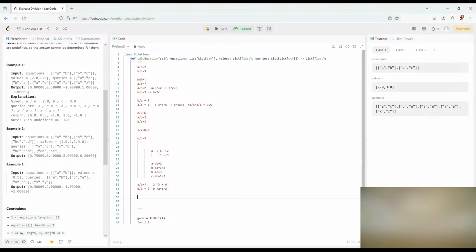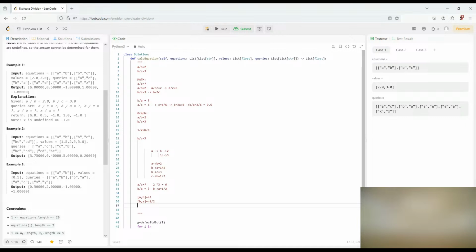Maybe it will be a dictionary which has the following keys like AB and will be 2, right? And also we need BA. It will be 1/2.